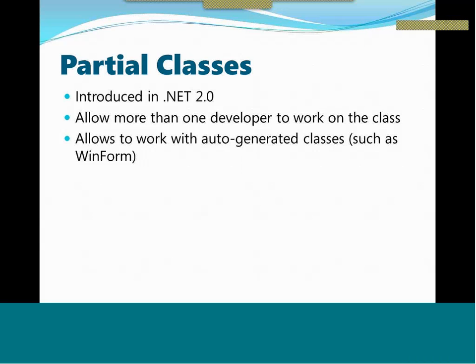Traditionally, we can create a class inside one physical file, and only one person can work on it. After you are done, the file can be taken up by somebody else, and they can continue working on it. But what we mean by saying more than one developer can work on it is at the same time.